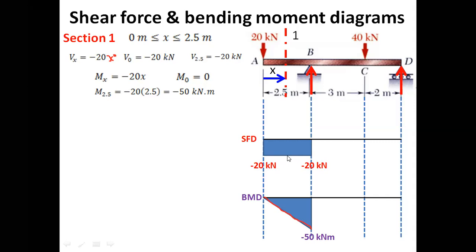So the shear force distribution is 0 degree, and this is 1 degree. So the bending moment curve would always be 1 degree more than the shear force curve.